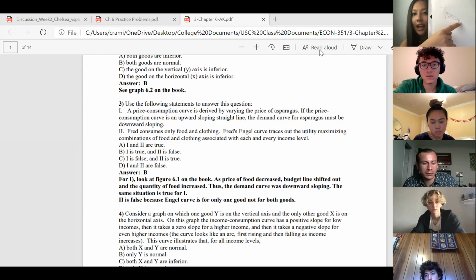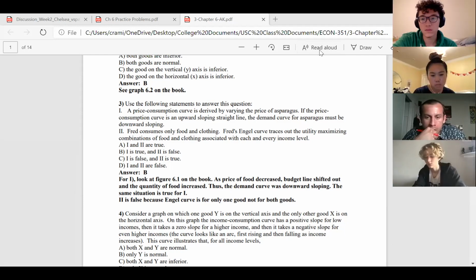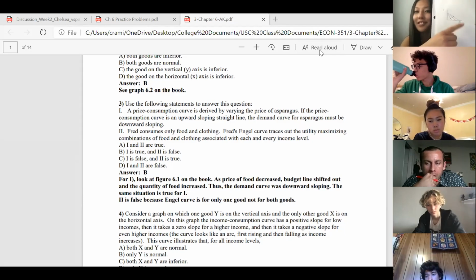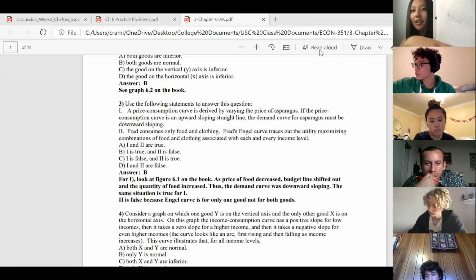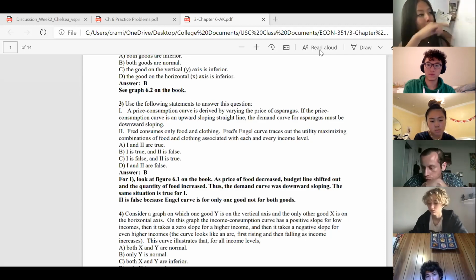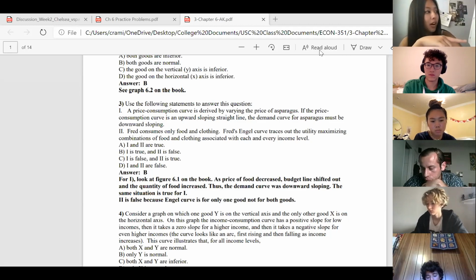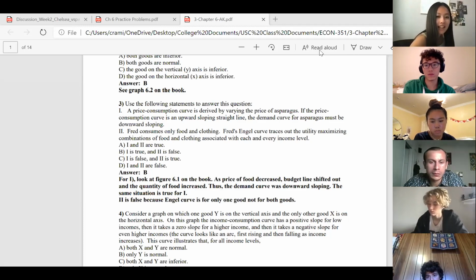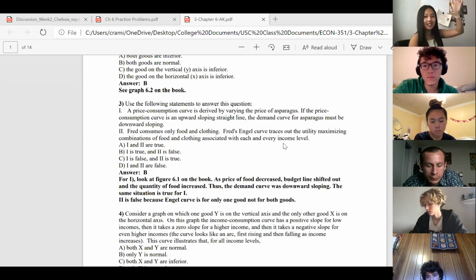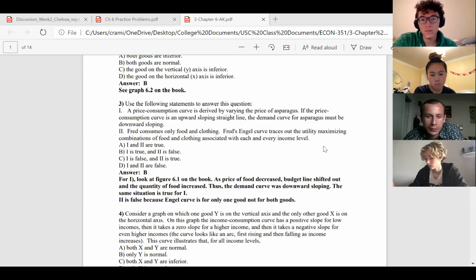As the price of asparagus decreases, the more asparagus you can buy. The ones with the less steep slope mean the asparagus costs less. Since the price consumption line is positive sloping, as the price of asparagus dropped, people are buying more of the other good. Which means as the price goes up on the demand curve, they're buying less of the asparagus because they're buying more of the other good.